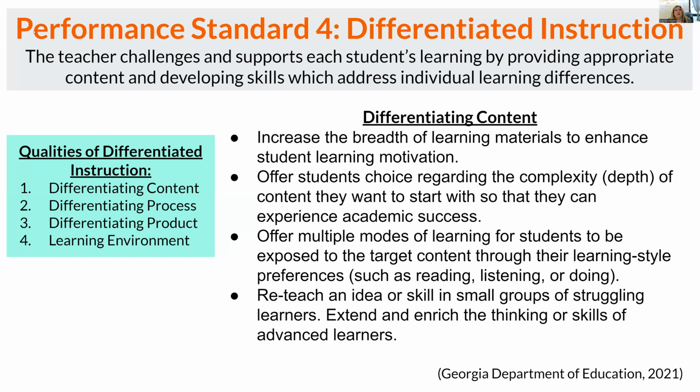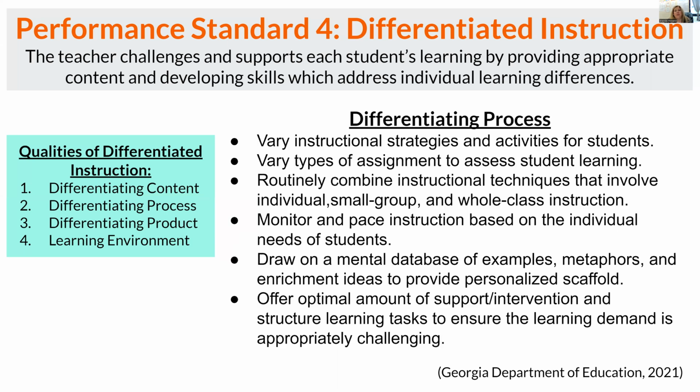The next quality is differentiating the process. There are 6 areas there. Again, use the rubric to guide you on that checklist to see how you're doing, self-assess yourself, to reflect on how your teaching is going. This differentiating the process comes down to talking about how you're delivering the instruction.